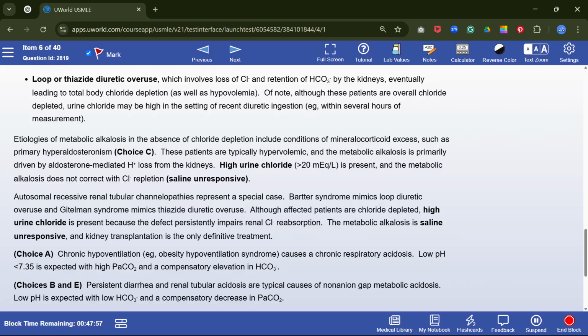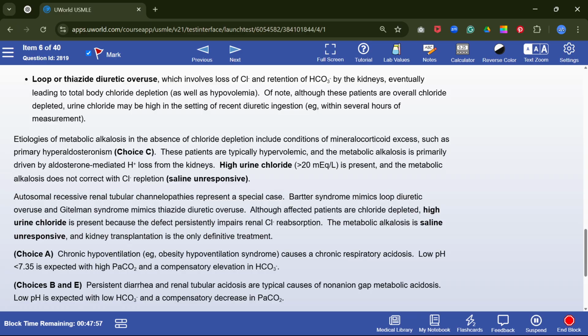Then chloride follows the sodium. Why? To maintain electroneutrality: sodium is a positive charge, chloride is a negative charge. As sodium is reabsorbed, chloride may be excreted in the urine, depending on the segment of the nephron and the ion transporter involved.